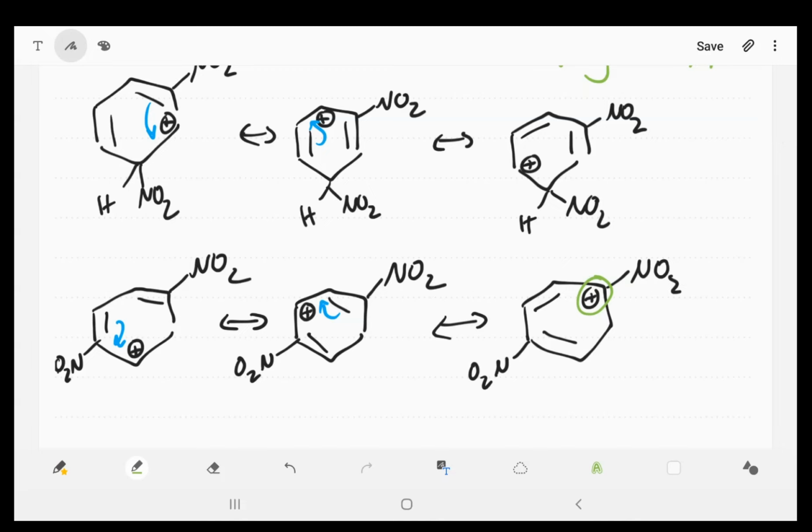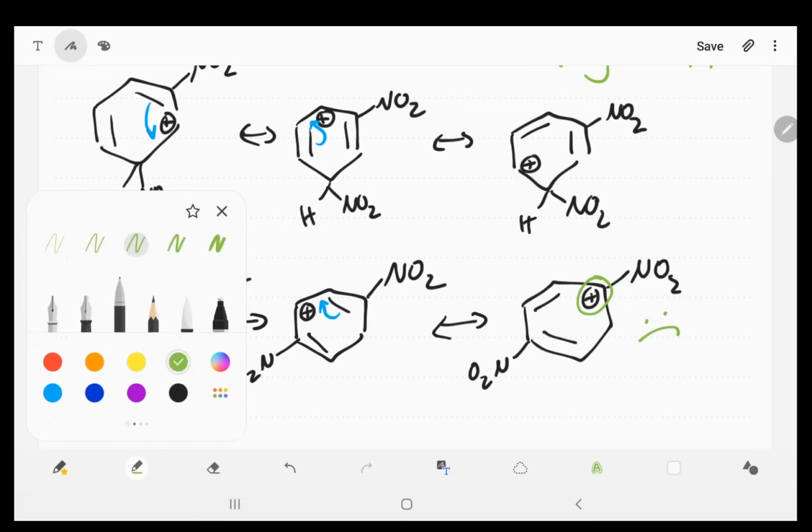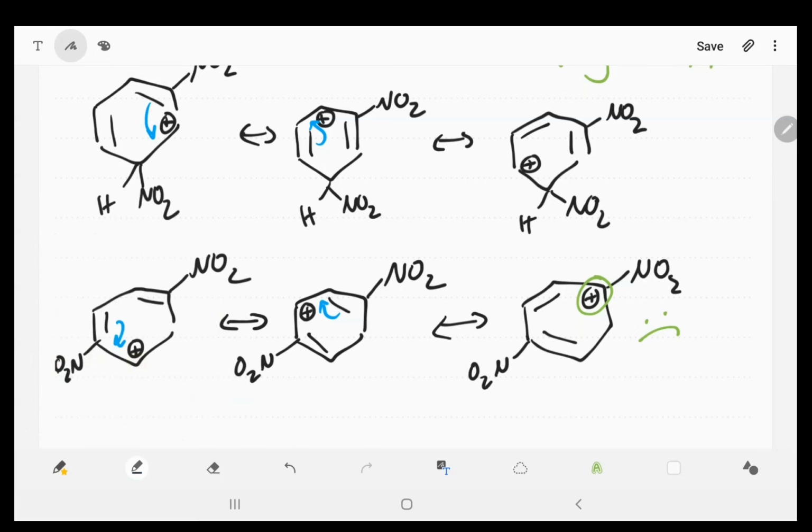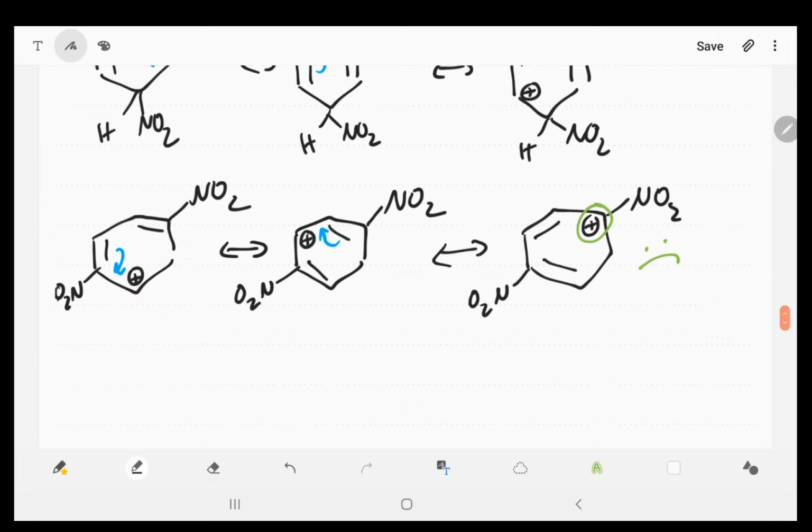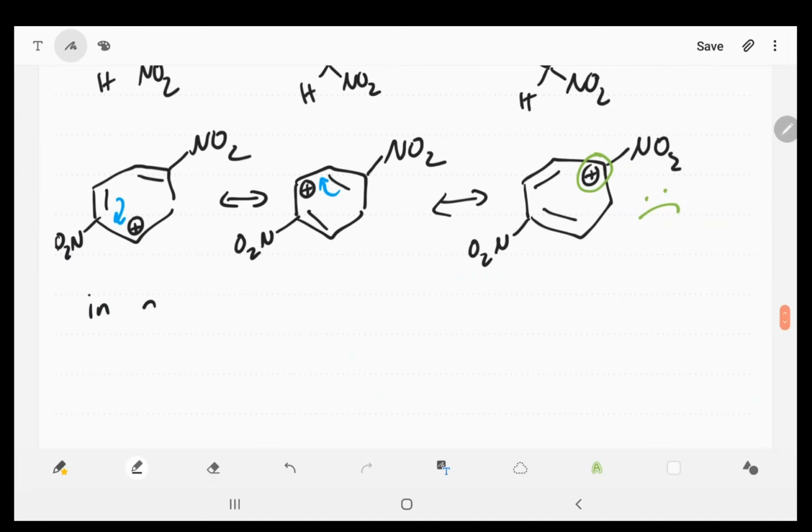Not good. So, as a result, we're going to see that these electron withdrawing groups are actually going to direct things to the meta position instead. We're going to see that in general, electron withdrawing groups will direct to the meta position.